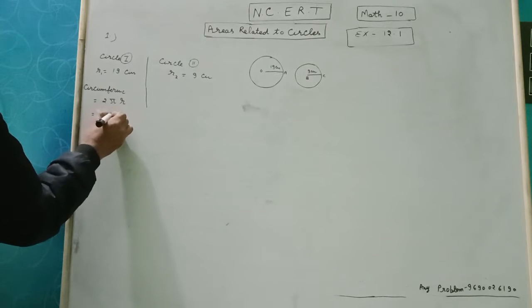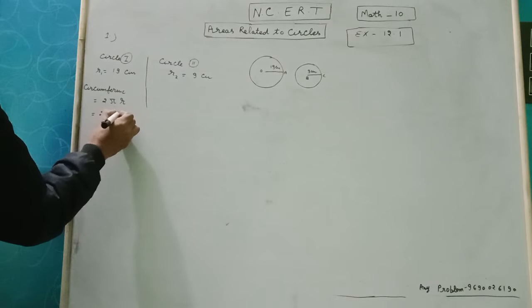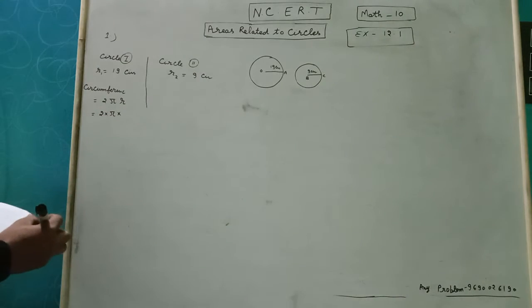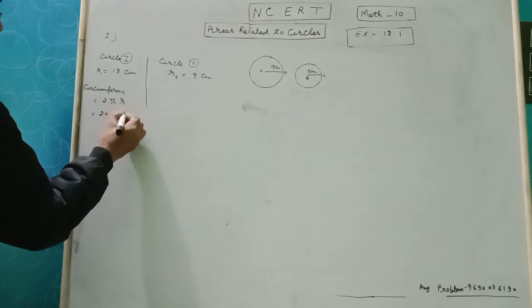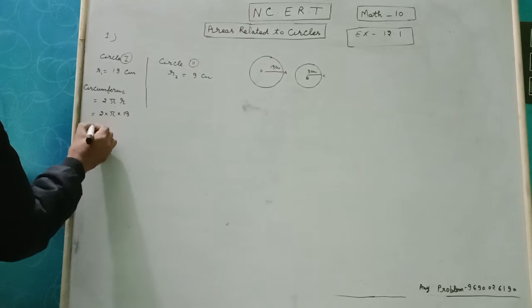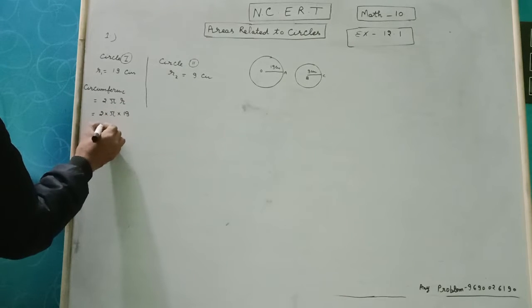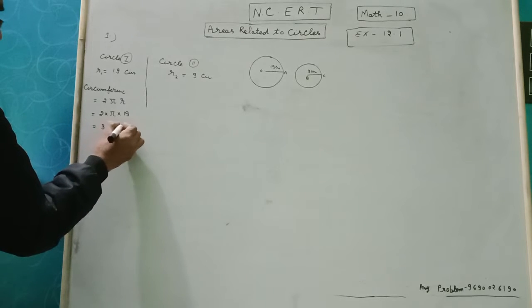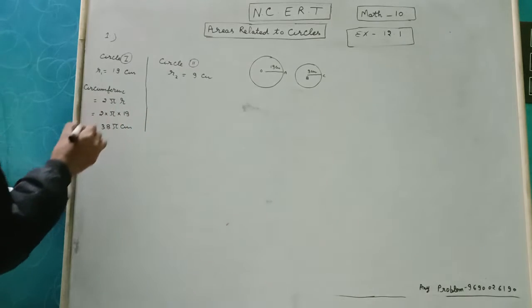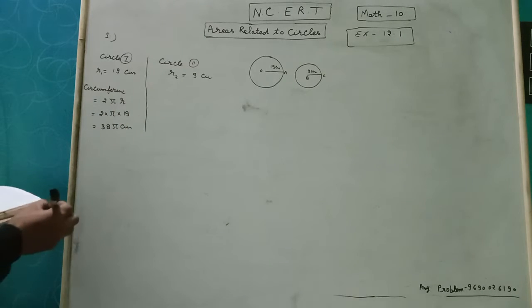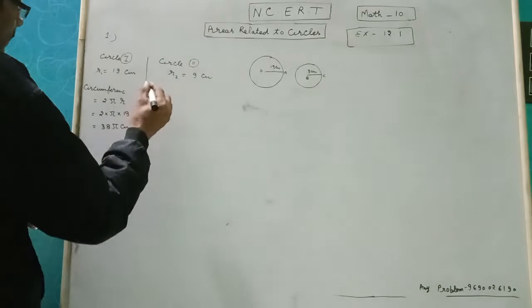2 into pi into r, where the value of r is 19. After multiplying 2 by 19, we get 38 pi cm, which is the circumference of the first circle.